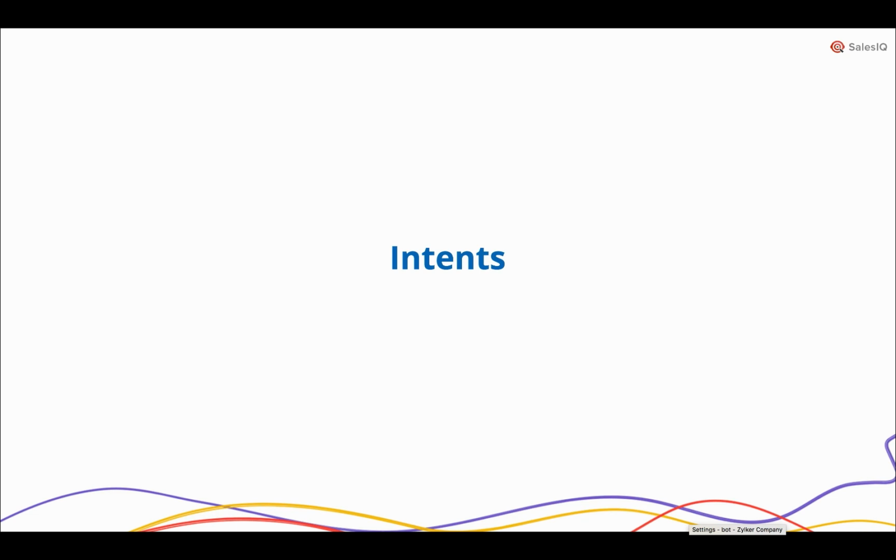The name of an intent is always prefixed with a hash character. To train this dialogue skill to recognize all of these intents, you need to supply lots of examples of user input and indicate which intents they map to. This is pretty similar to the intents and training phrases that we had configured during our previous webinar on Dialogflow. So you have to do something similar here as well to train your Zobot.